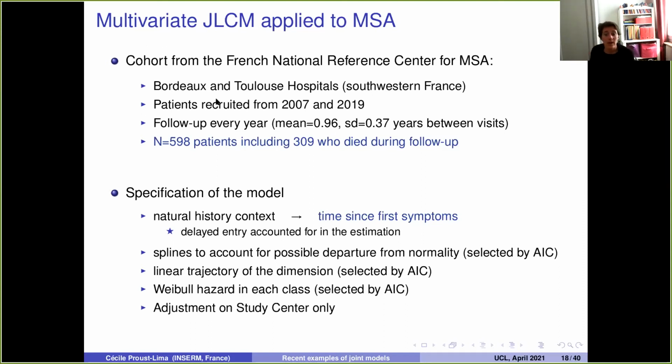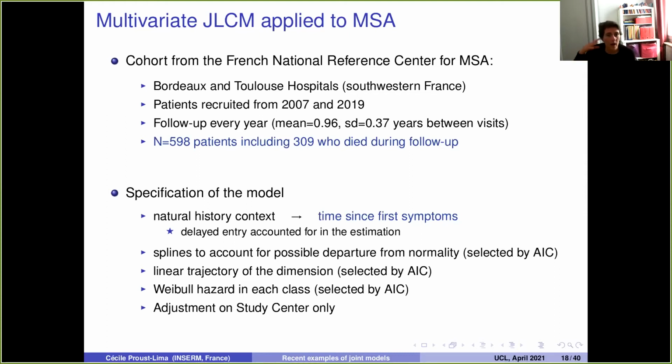And we have a follow-up every year. So now we have one of the most important cohorts for MSA in the world, with 600 patients and measures every year. And among them, 300 died during the follow-up.